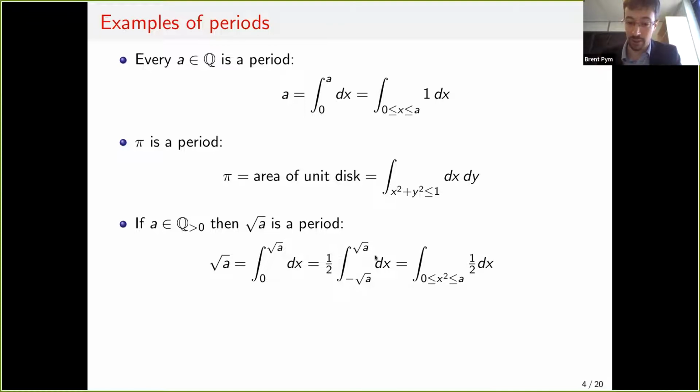So this integral is actually the same as the integral over the domain where x squared goes between 0 and a, and then I integrate 1/2 dx. So coming back to Parker's question, this is an instance where we had a rational function, or roots rather, appearing in the domain of integration, but we could convert it to a polynomial just by some trick.